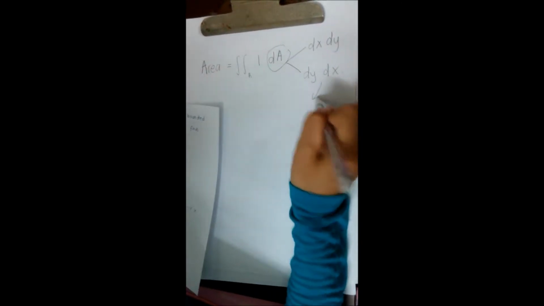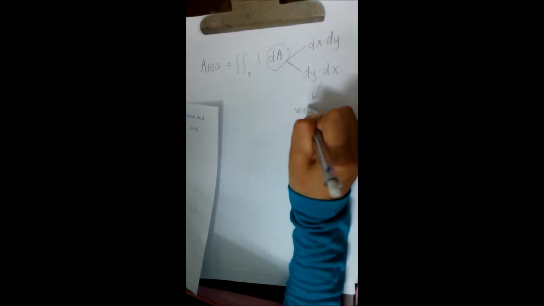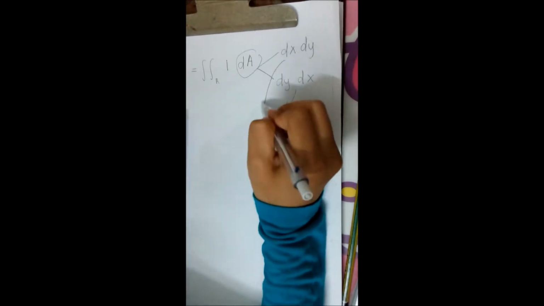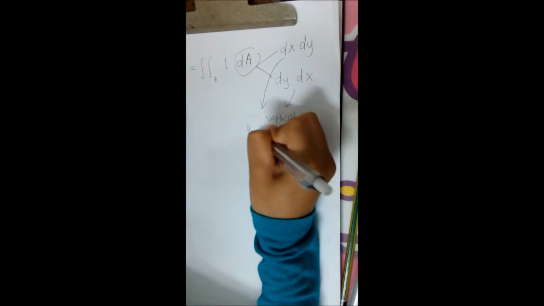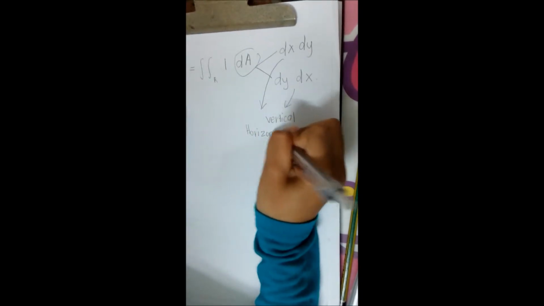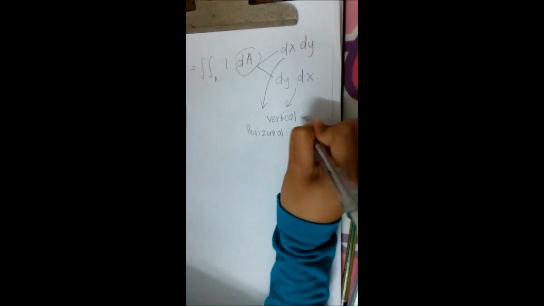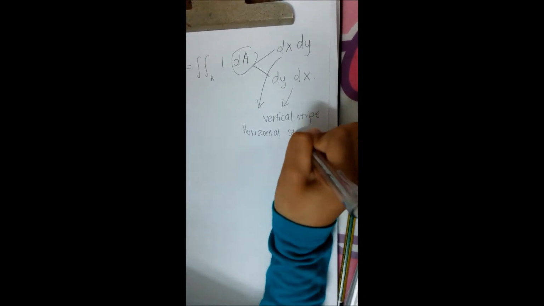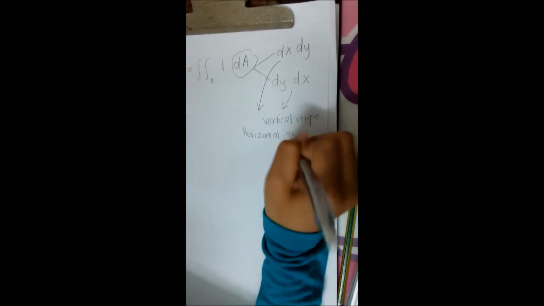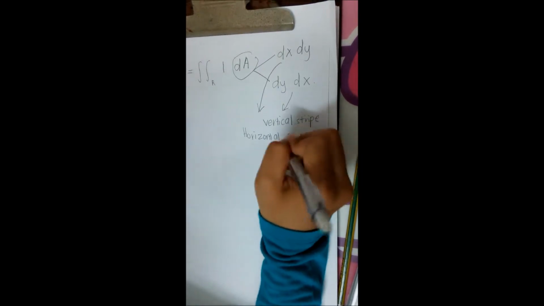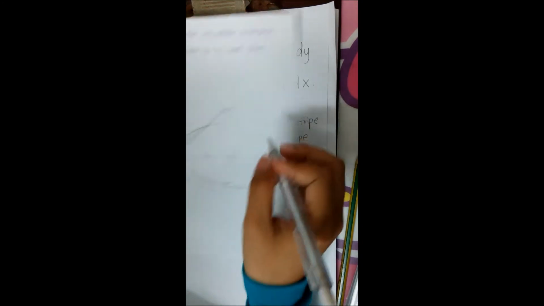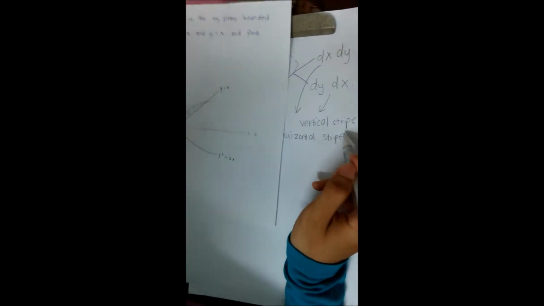So here will be a vertical stripe, and here will be a horizontal stripe. We can choose either of the two, because it will give you the same answer also. So I will choose the horizontal stripes.